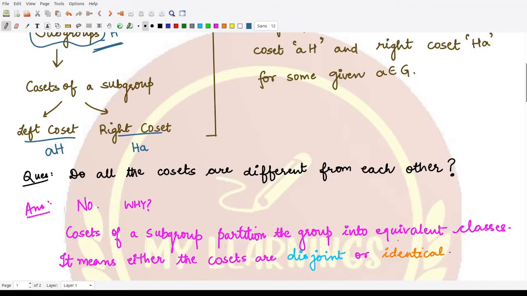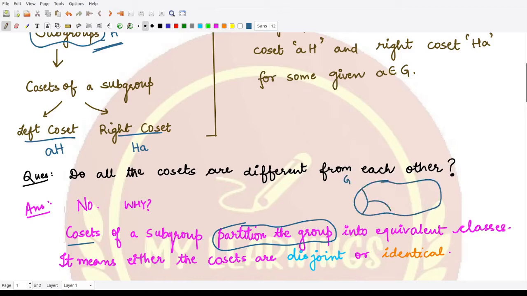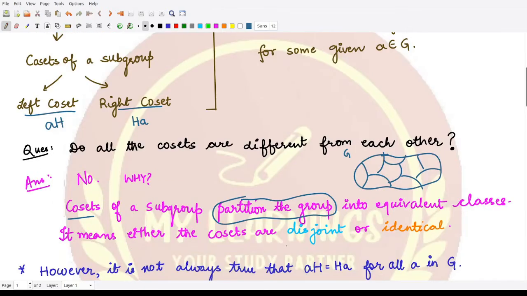We have some equivalence relation under which the cosets of any subgroup partition the group. Once they partition the group G, we would have a fixed number of partitions, and each would be disjoint from the others. And even if two cosets have overlapping elements, then those two cosets would be exactly identical. Either they are disjoint or they are identical in nature.